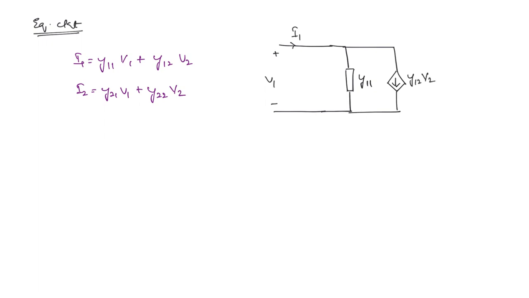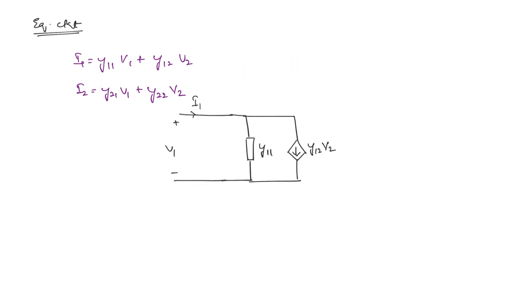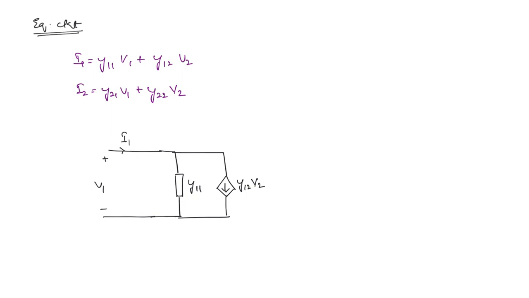What kind of a dependent source is this? It is a voltage dependent current source. Then what about the rest of the circuit? On the other side also we apply the same method. You will get one admittance, which is the driving point admittance Y22, and the current I2 will flow into the two-port network. The voltage here is V2, and here you have a voltage dependent current source once again.